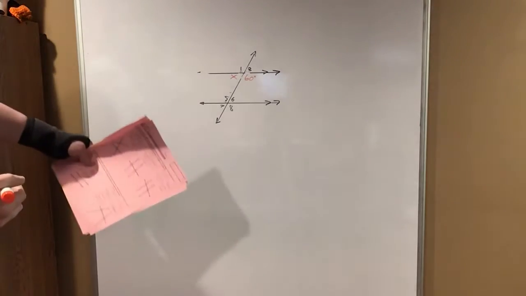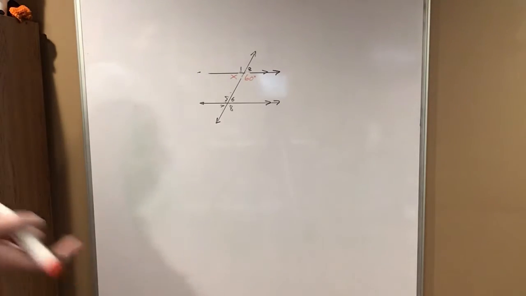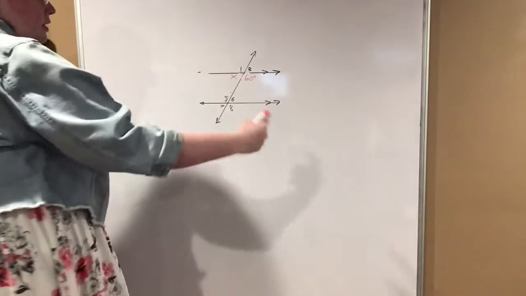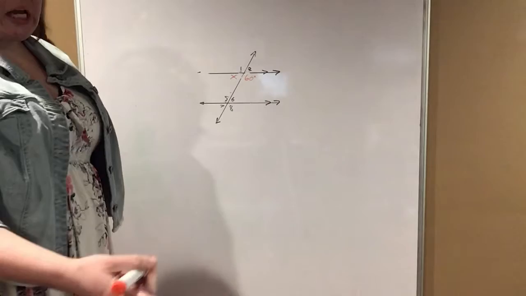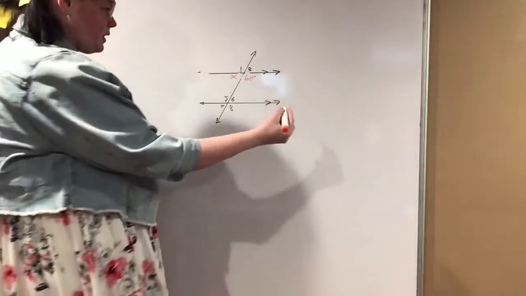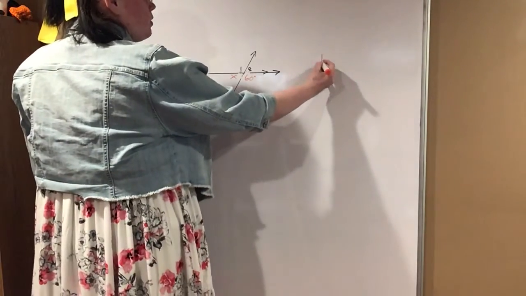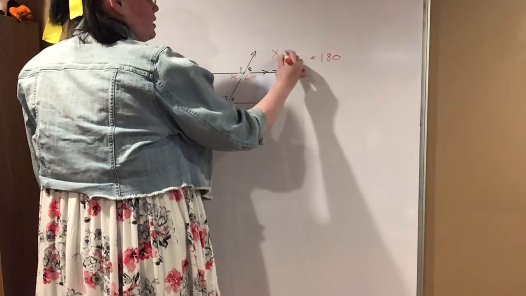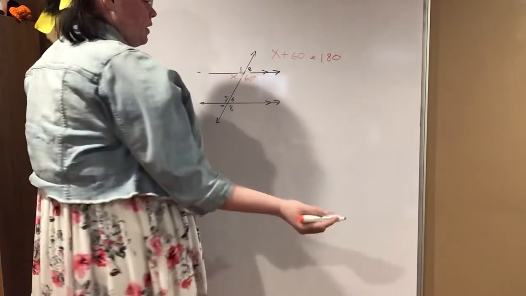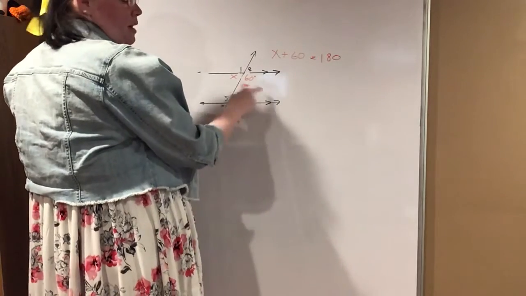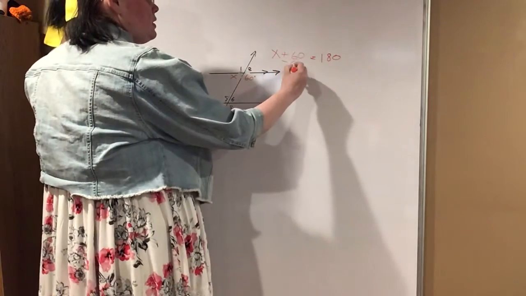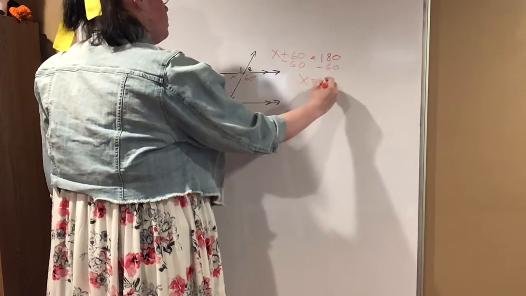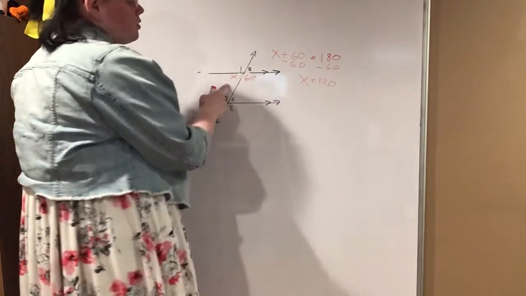Well, we can do that by saying we know that this is a linear pair, and linear pairs need to add up to 180. So basically, 180 equals x plus 60. Minus 60, so x equals 120. So this angle equals 120.